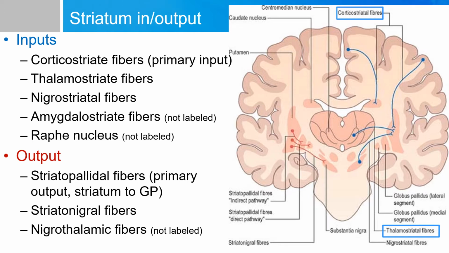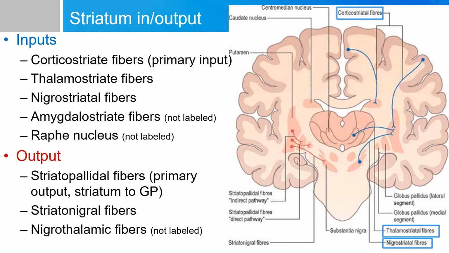There are also the nigrostriatal fibers that contribute to the direct and indirect pathways of the substantia nigra. There is also communication between the amygdala and the raphe nucleus, which are not shown in this figure. And in terms of the output, most of these fibers are in the basal ganglia circuitry.